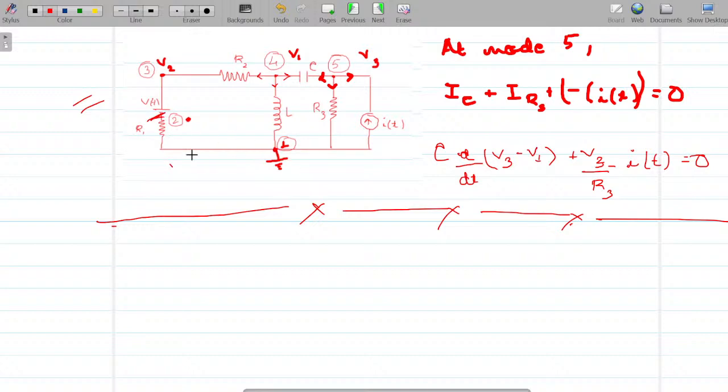So this is not with respect to ground potential. This is with respect to this value here. So these two are at a potential difference of VT. So I can write this is VT plus potential drop in R1. This is equal to V2, but it is not directly equal to VT. This probably could be a doubt, but this is why I wrote V2 here and not directly VT, with respect to ground. Okay?